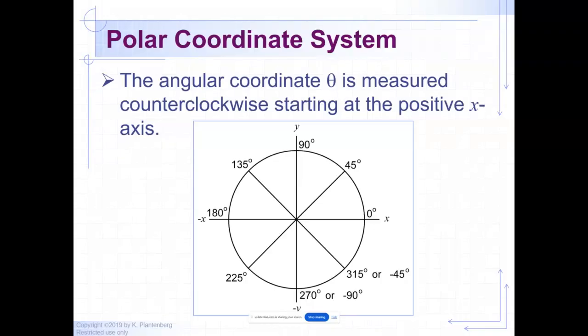Now you could really mess with people and switch it to go the opposite direction, clockwise. But the way it's defaulted, 0 is on the right-hand side, where it always is either way, and it's going to start going counterclockwise for the angle.